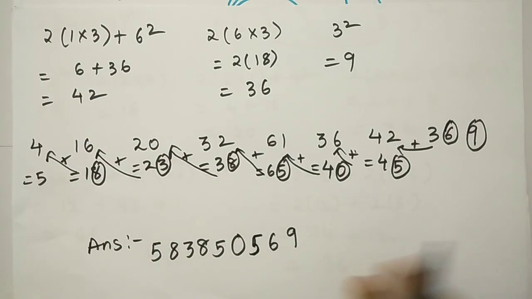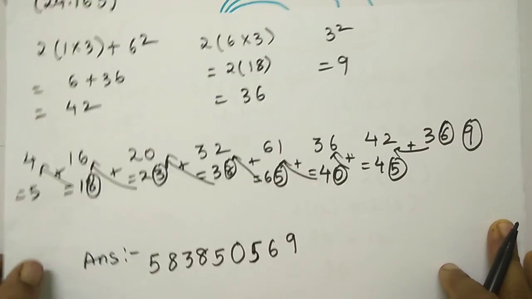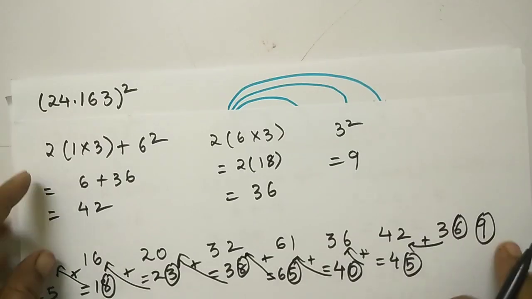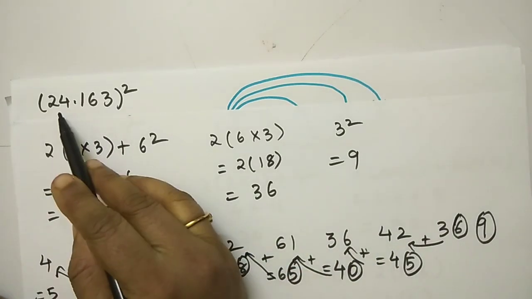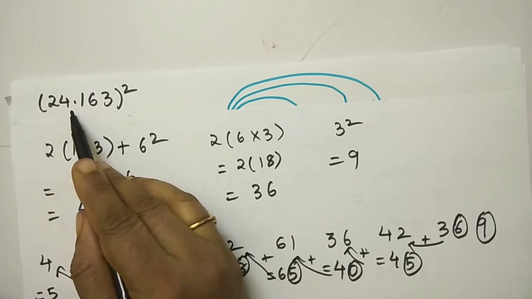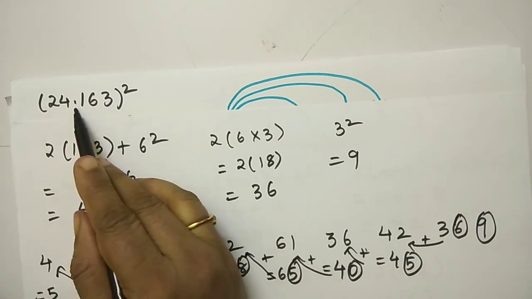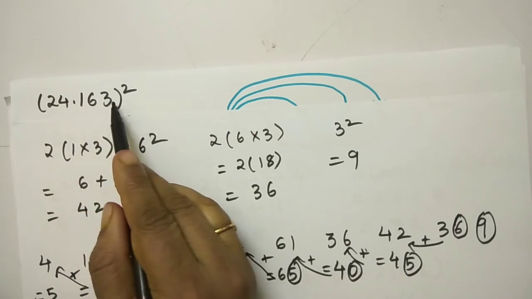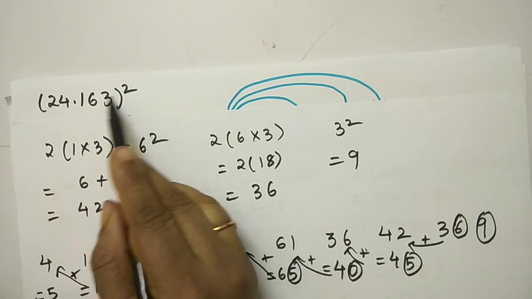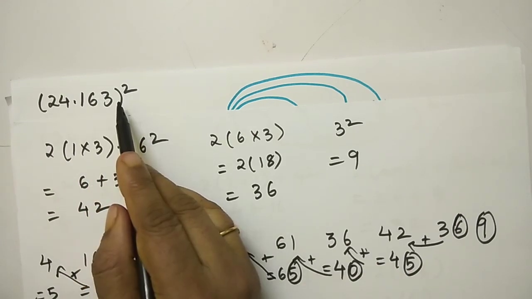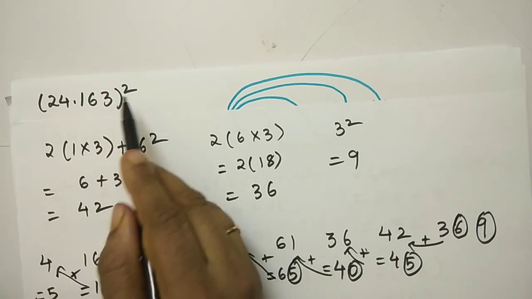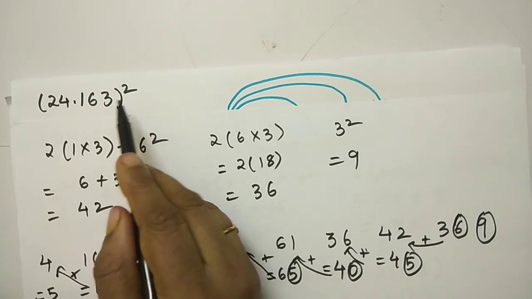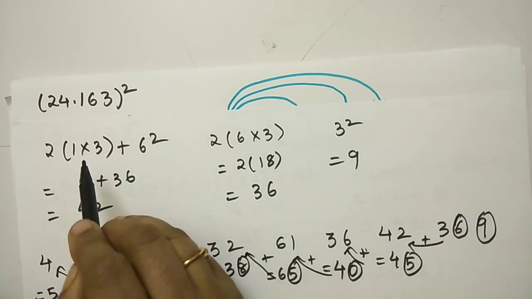Write down here 5. Now come to the decimal point. Here in the question they have given 24.163. After the decimal point you have 3 digits, 1, 2, 3. So square means 3 plus 3, is it not? 3 plus 3 is nothing but 6. You should get 6 digits after the decimal point in the answer.